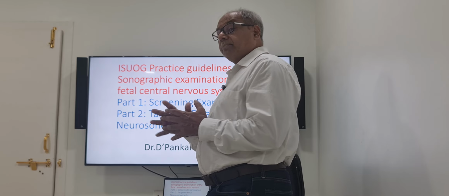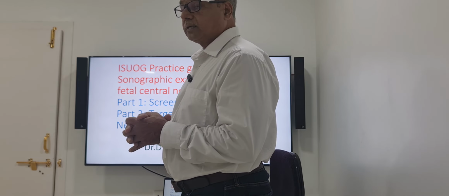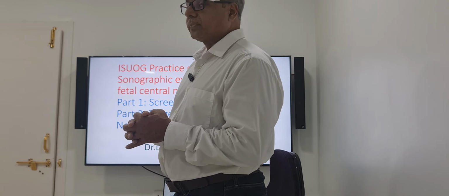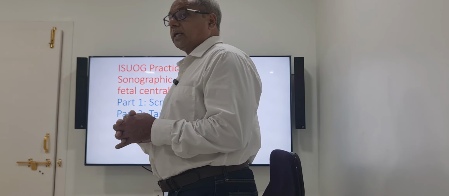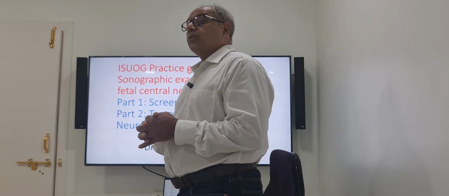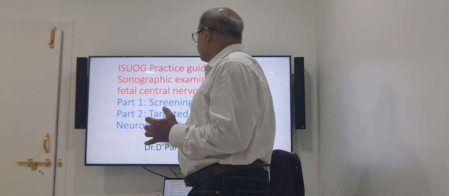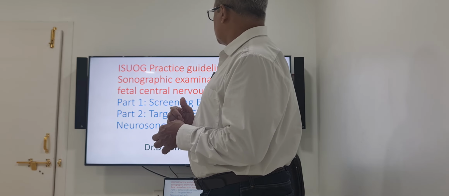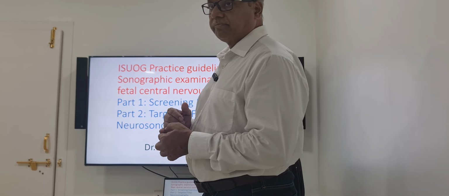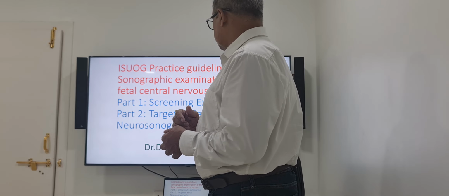Now if there is a problem in screening, if you feel there is something abnormal, then how to identify the abnormal thing has been discussed in part 2, that is more targeted fetal neurosonography.